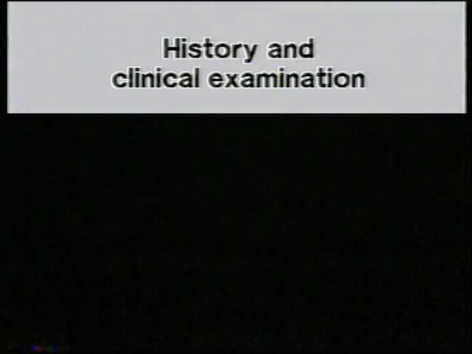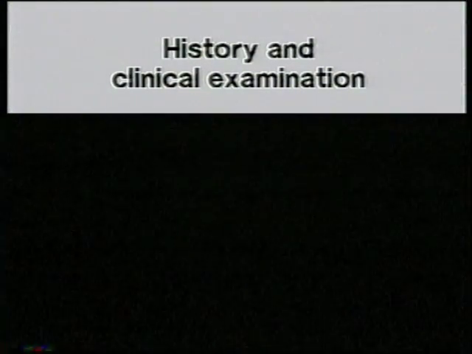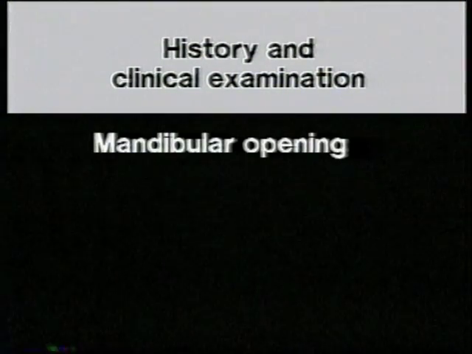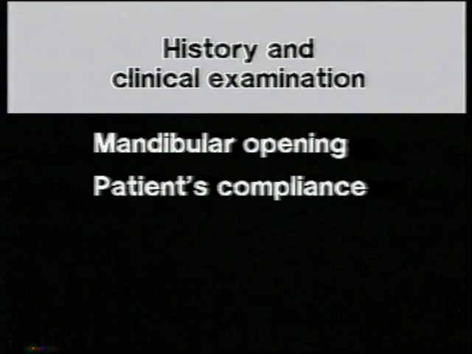Now, let's remind ourselves of all that we've learned to look for in making a preoperative assessment of the impacted third molar. And I'll put a summary of what I'm saying on the screen to help you remember it. First, the history and clinical examination. At this time, the degree of mandibular opening and the patient's compliance can be assessed.